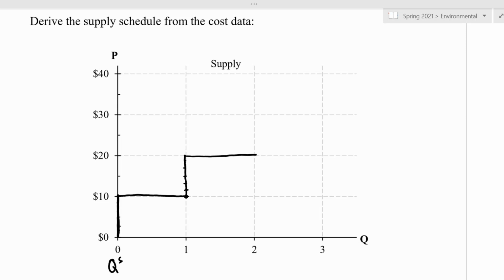And then Janet's in, and then Chris is in at 30. So at 30, that pushes the supply curve over to a quantity supplied of 3. And it's just going to stay at 3 because there are only 3 people. So that gives us a little supply curve.